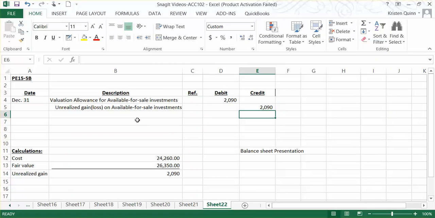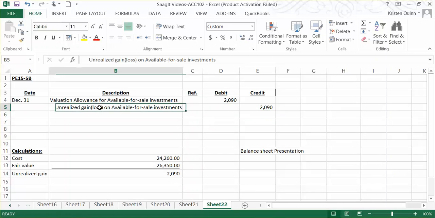Something to point out here that is different from our trading investments is this account. Notice it says unrealized gain or loss. We do not have a separate unrealized loss account and a separate unrealized gain account. The reason for that is our unrealized gain or loss on available for sale investments would be on our balance sheet in our stockholder equity section.